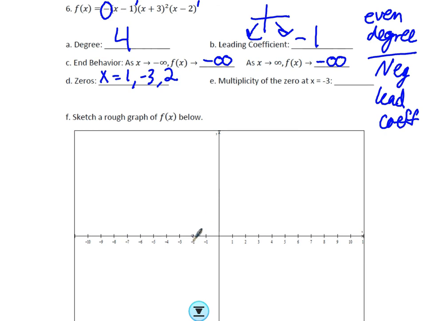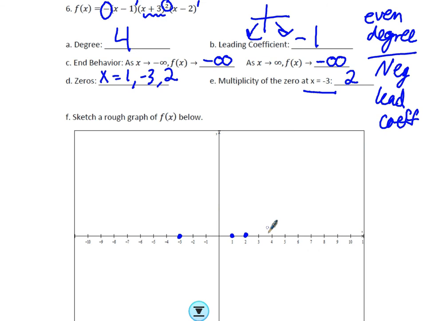And so what I'm going to do is graph those: 1, -3, and 2. So that way I know where my graph is going to touch the x-axis. And the multiplicity of the 0 at x equals -3, that is the exponent here. That's 2. So the multiplicity is 2.